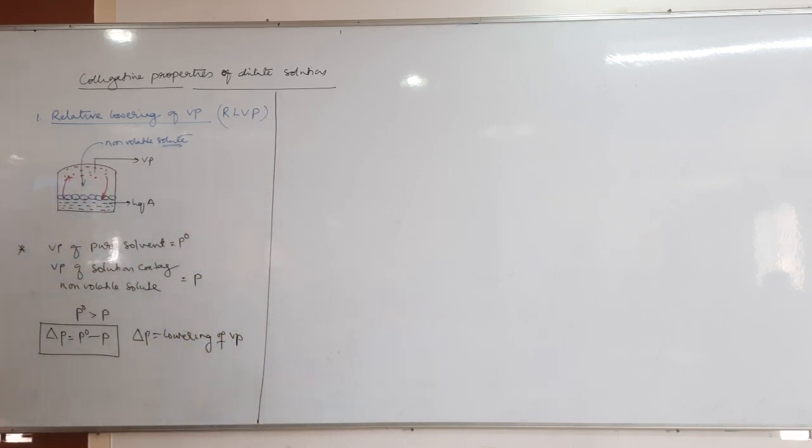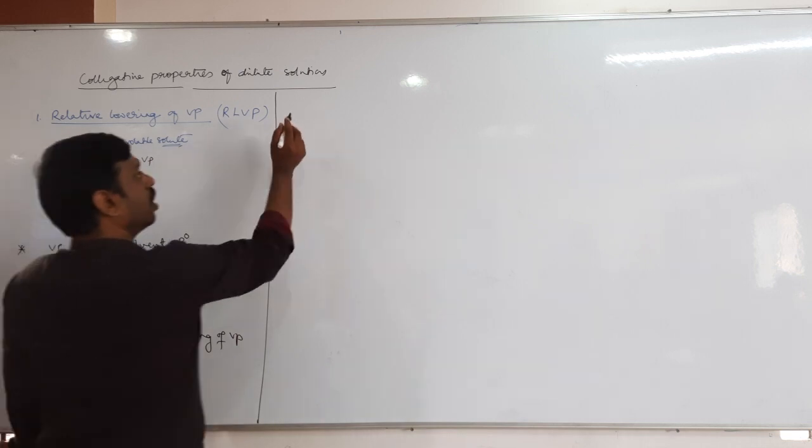It is the difference between the vapor pressure of the pure solvent and the vapor pressure of the solution containing non-volatile solute. Is lowering of vapor pressure a colligative property? No. Lowering of vapor pressure is not a colligative property.